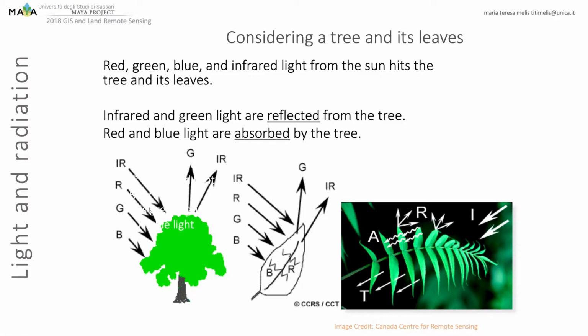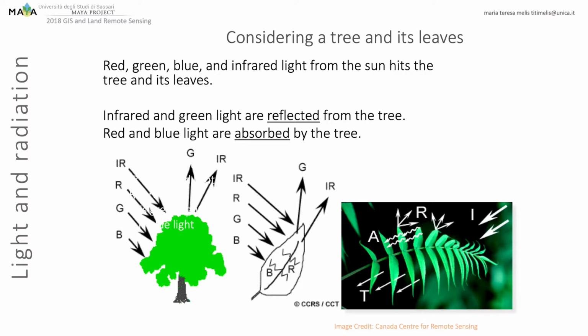When the radiation arrives on the leaves of a tree, we can analyze the different kinds of radiation. We have the radiation arriving from the source. Some lights are reflected from the tree and from the leaves. Infrared and green light are reflected. Red and blue light are absorbed.